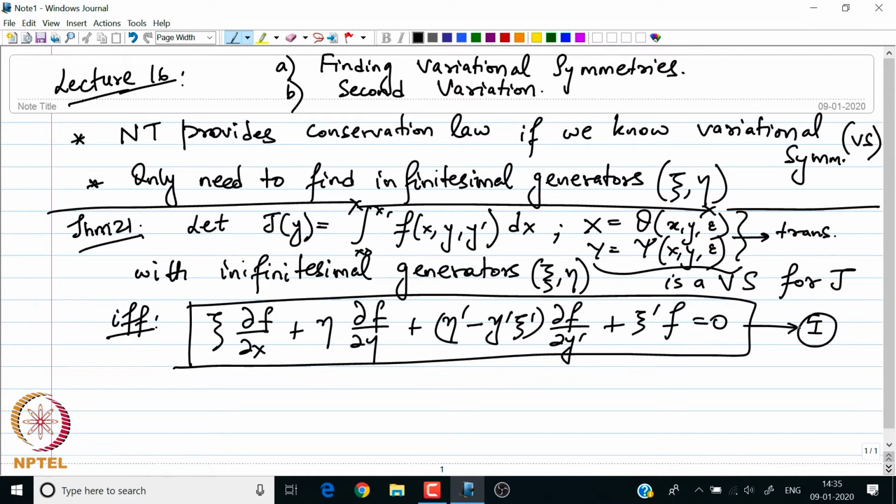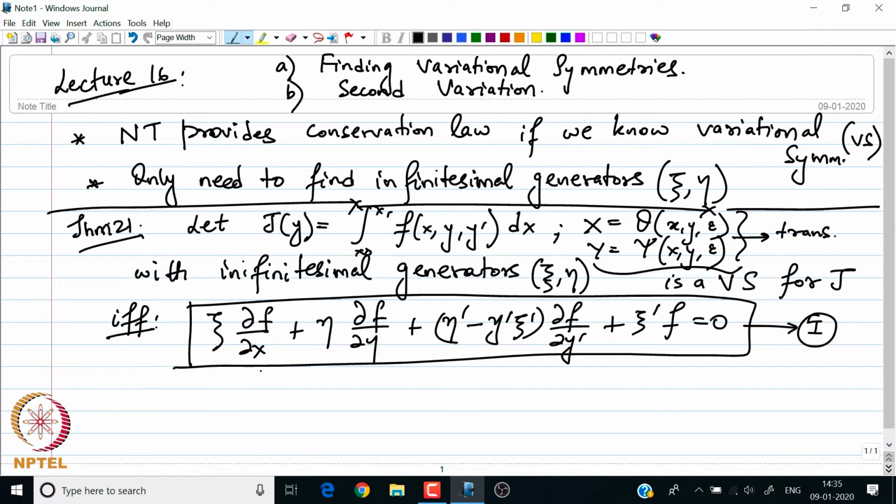The key thing is that this 1 does not necessarily hold only for extremals y, it will hold for all x and y in the given domain. Which means, in order to find out xi comma eta from this equation, we can essentially equate the coefficients of various powers of y prime, keeping x and y fixed.